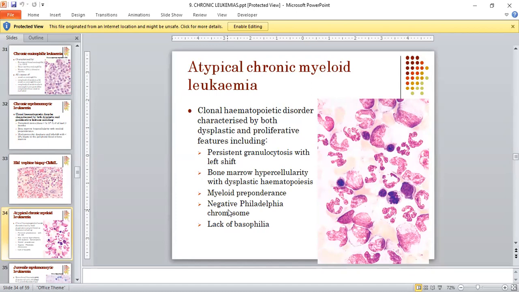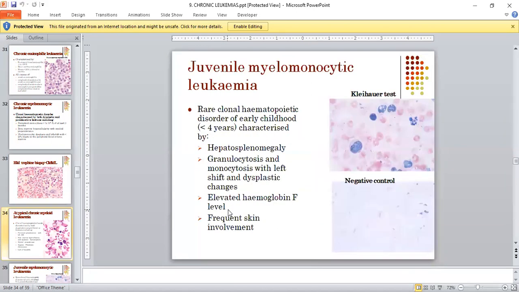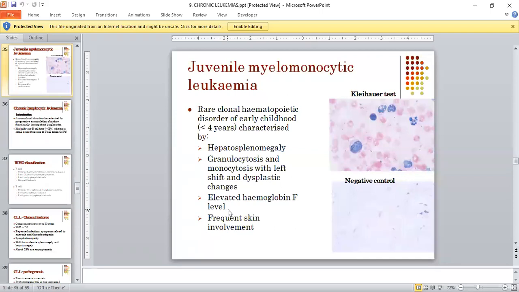It's myeloid, but it does not cause change in the Philadelphia chromosome, chromosome 22. Juvenile myelomonocytic leukemia. This is for early childhood, characterized by some of the same symptoms: hepatosplenomegaly, granulocytosis with monocytosis, elevated hemoglobin F level, and skin involvement.